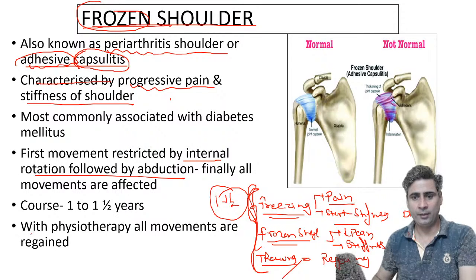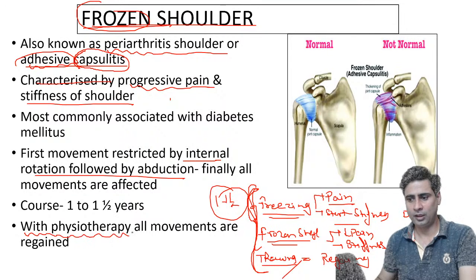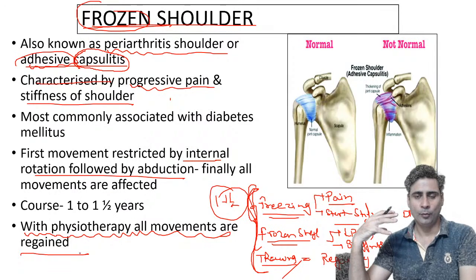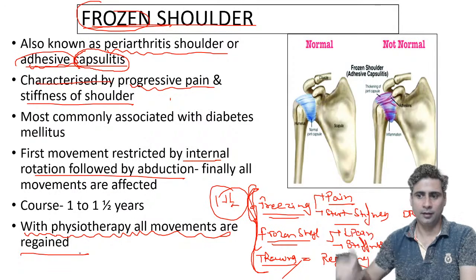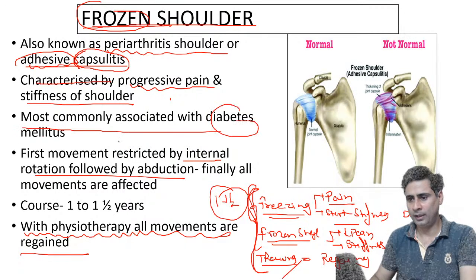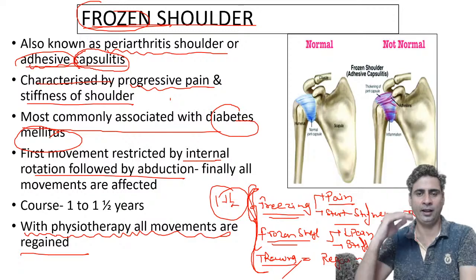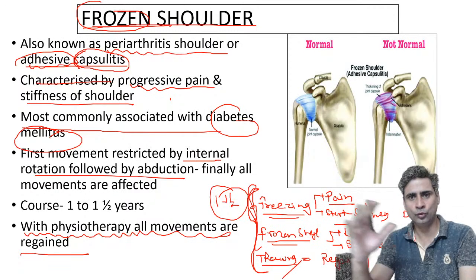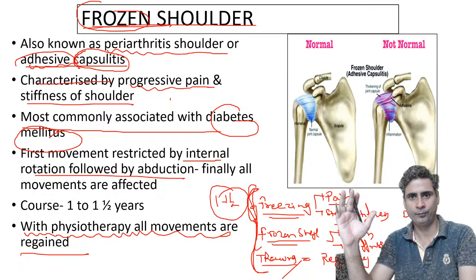In more than 95% of the patients, physiotherapy is all that is required. That is motion exercises of shoulder. And for unknown reason, it is commonly associated with diabetes mellitus. That is why in a suspected case of frozen shoulder, we always check sugar levels.